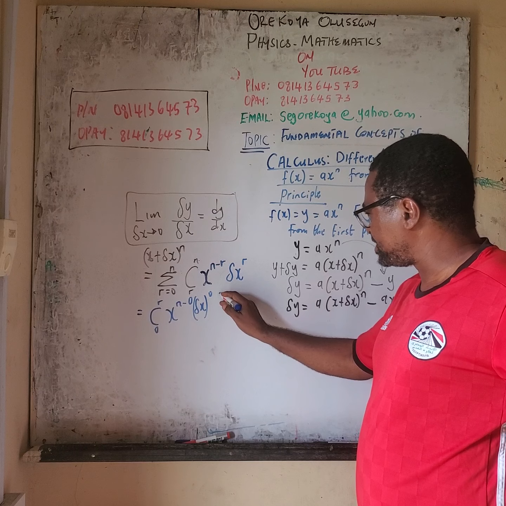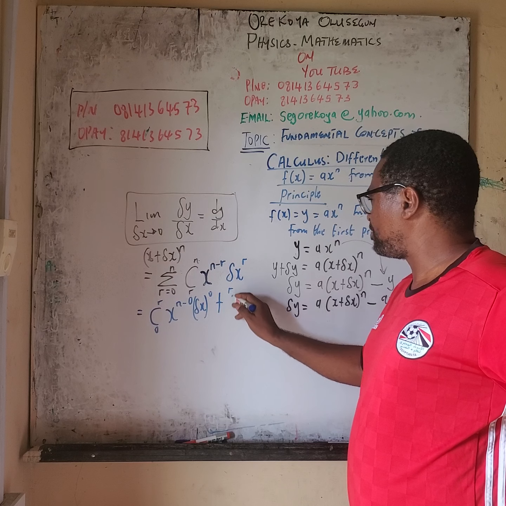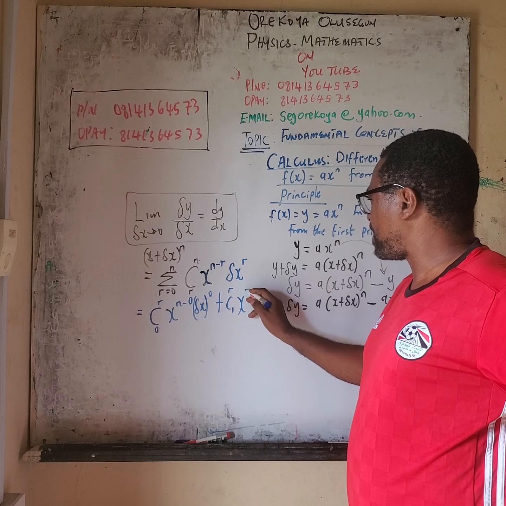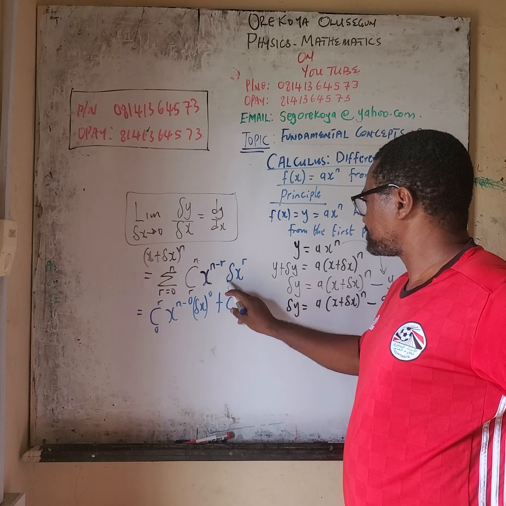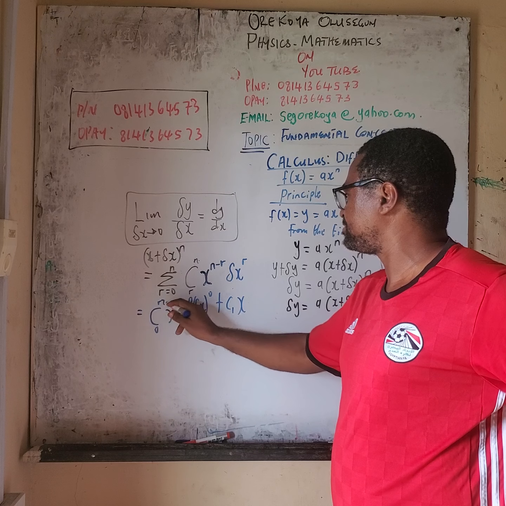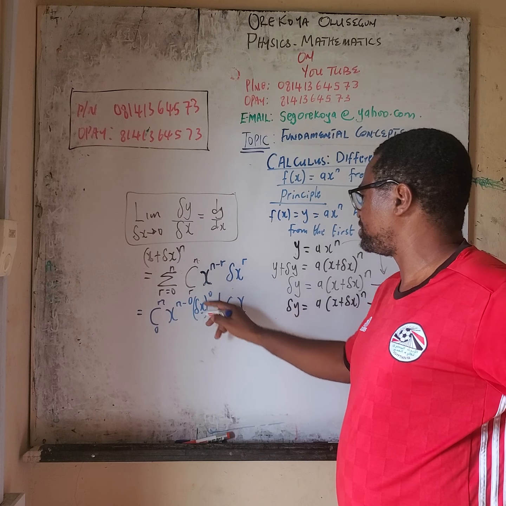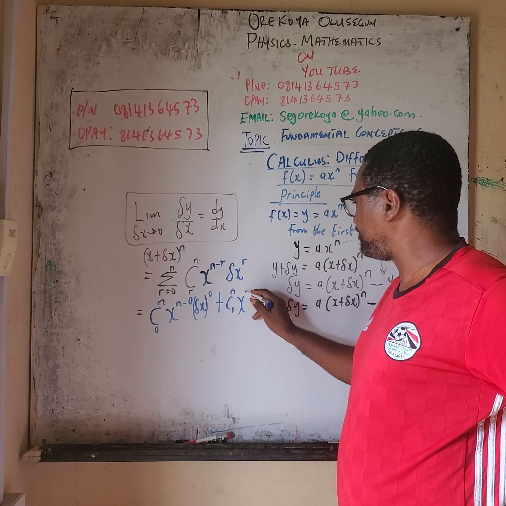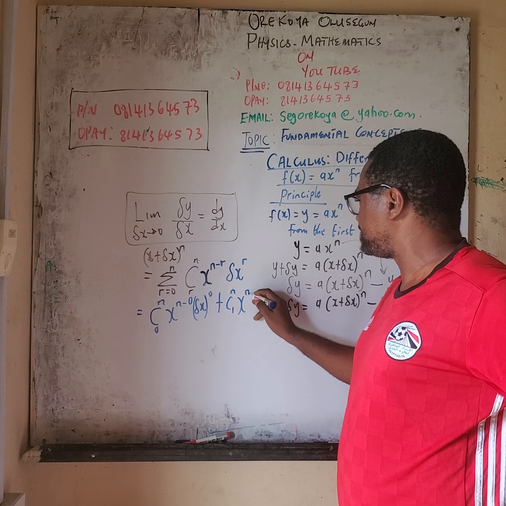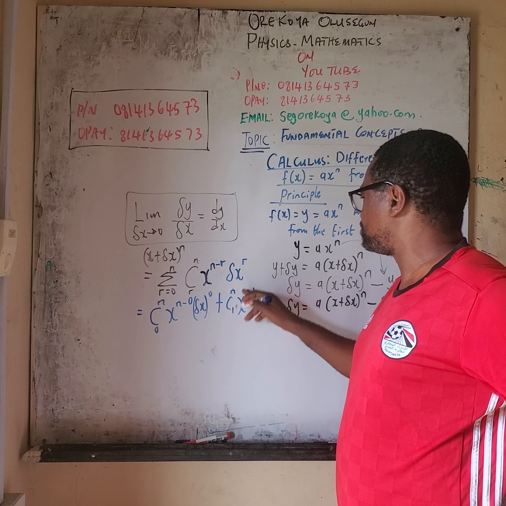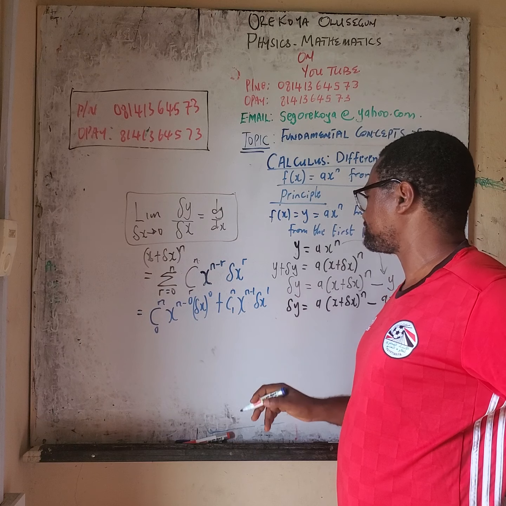Then I add the combination n choose 1, x raised to power n minus 1, delta x raised to power 1.